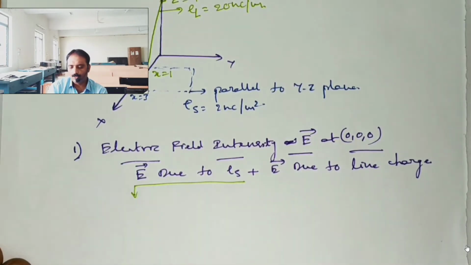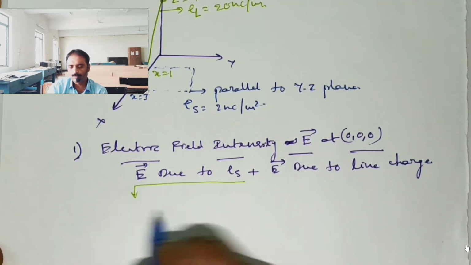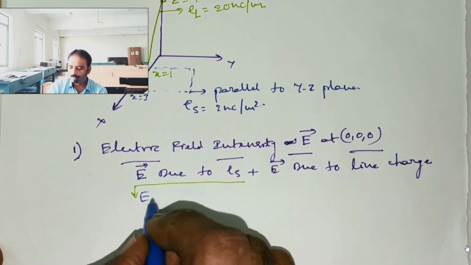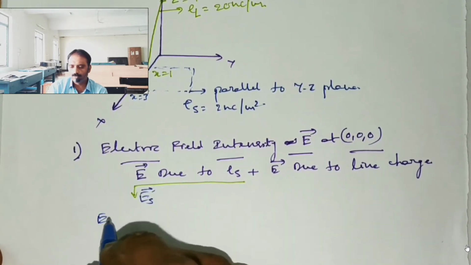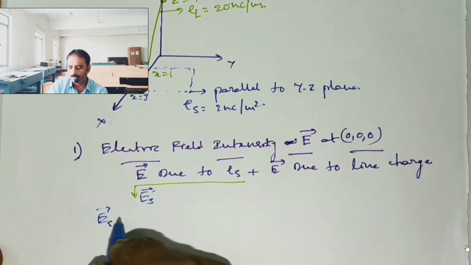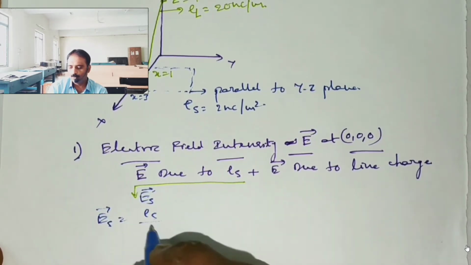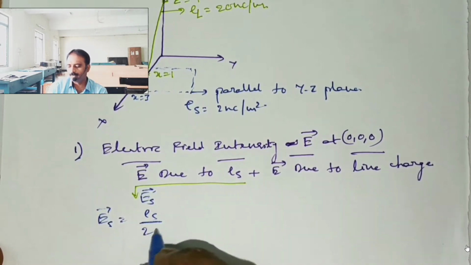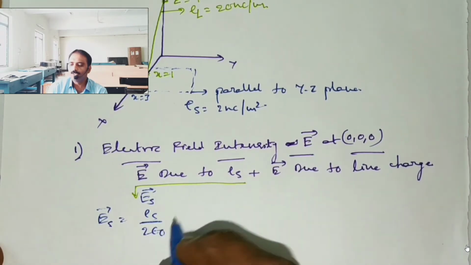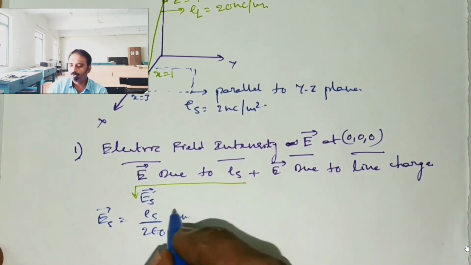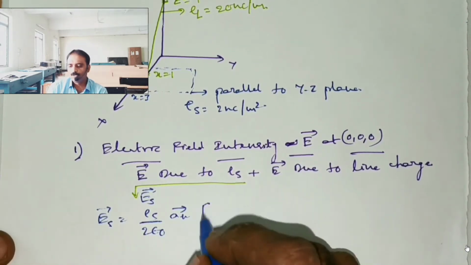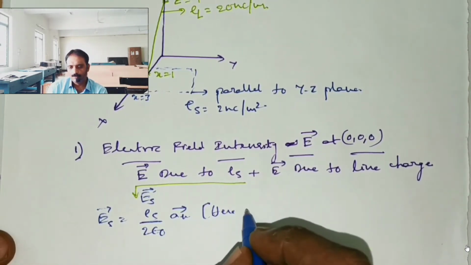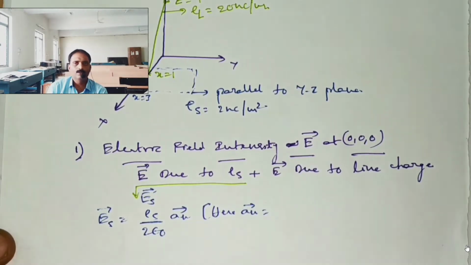and we know the formula for calculating ES bar is equal to rho S by 2 epsilon naught into AN bar. Here rho S is the charge density given in the problem, 2 nanocoulombs per square meter, and AN bar is the unit vector directed perpendicular to the surface.